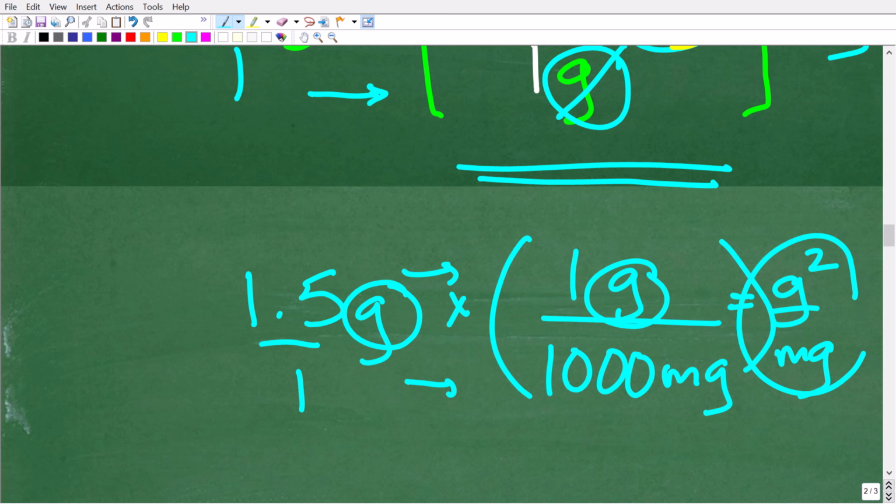That's not going to help me because I want to go from grams to milligrams, unless I want this unit of measure, grams squared over milligrams. So again, anytime you are converting from one unit to another, you want to think of which unit you want to cross cancel and which unit you want to be left with.